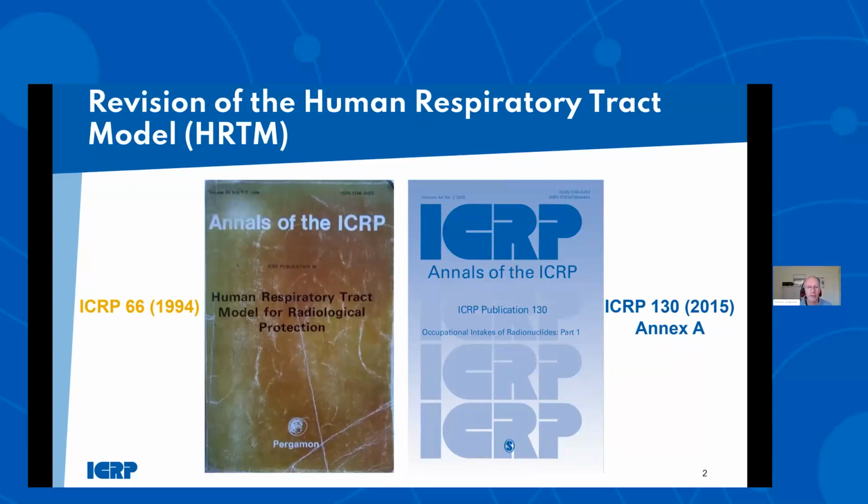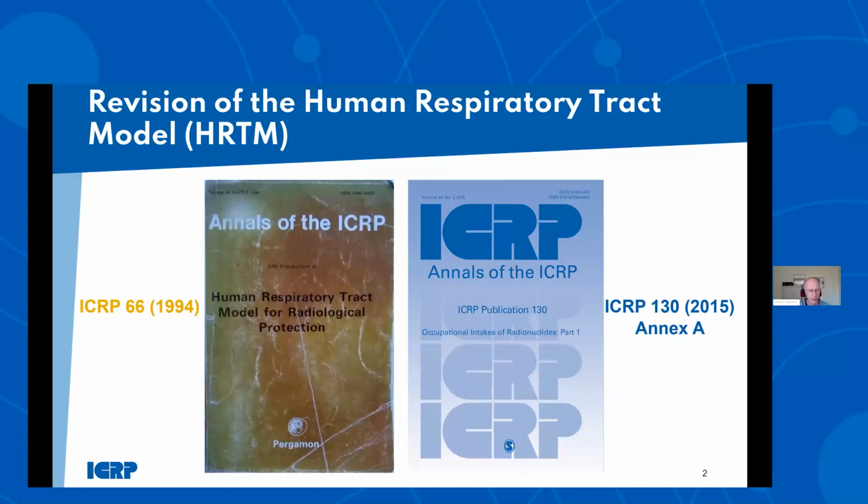So apologies for this. The ICRP human respiratory tract model has been published and is described in full in ICRP 66. The model has been used since to calculate inhalation dose coefficients for both workers and members of the public. It has now been updated in ICRP 130, which is the first part of the series on occupational intakes of radionuclides.